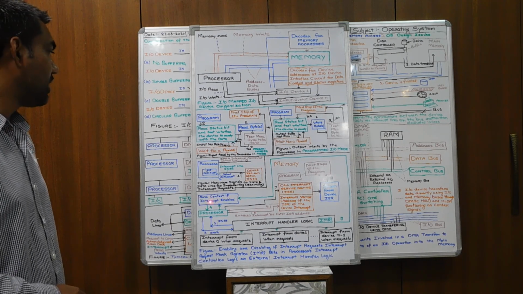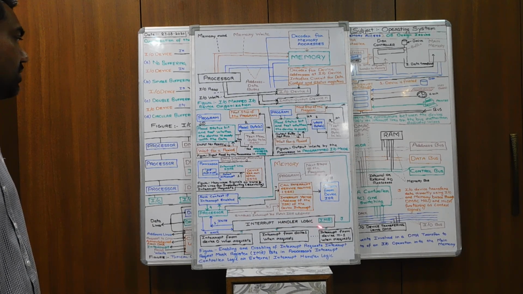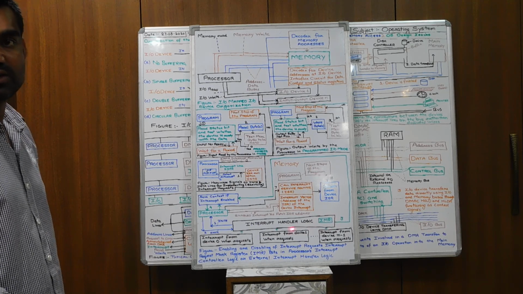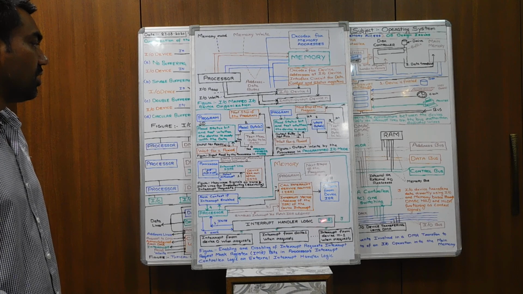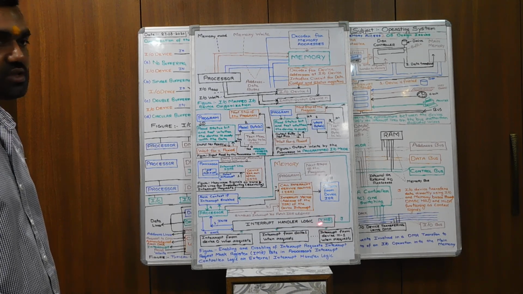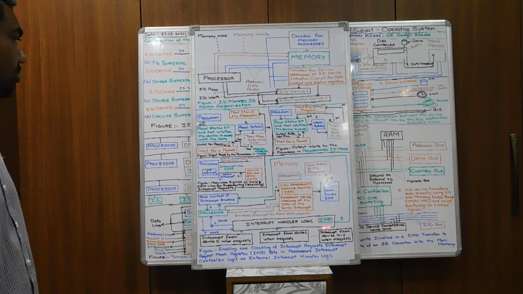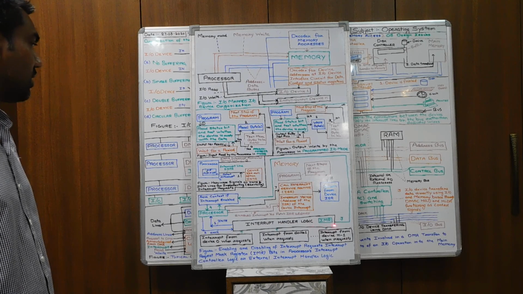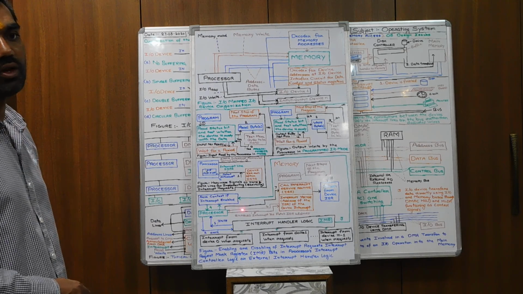So if the interrupt is enabled, we will be checking with this interrupt request mask register whether the interrupt is enabled or disabled. If it is disabled, then you cannot go further. If it is enabled, then context switching of the current program is going to take place.